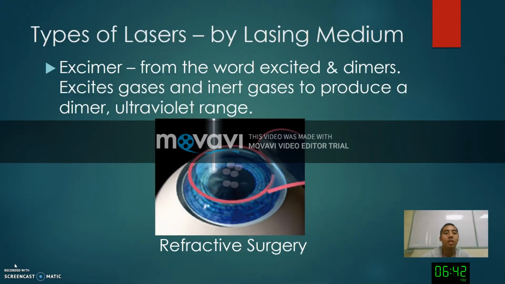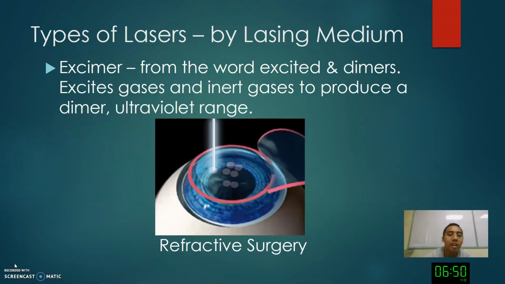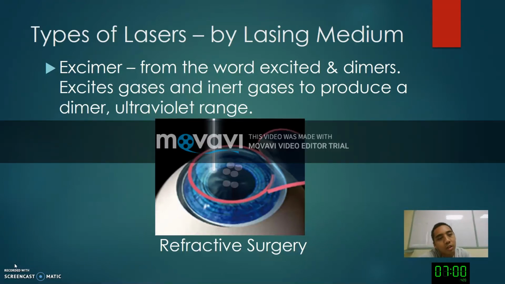The next type of laser I would like to discuss is the excimer. The excimer is derived from two words, excited and dimers. The excimer excites a mix of gases and inert gases to produce a dimer, which generates photons and emits light in the ultraviolet range.